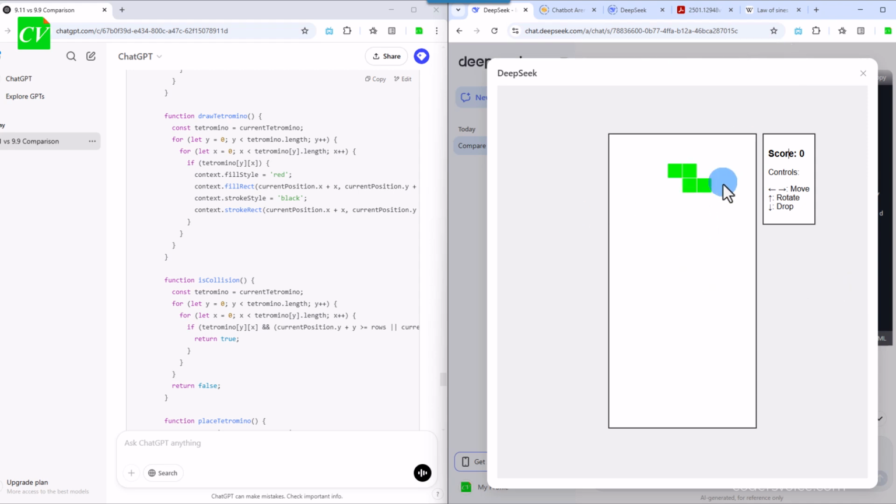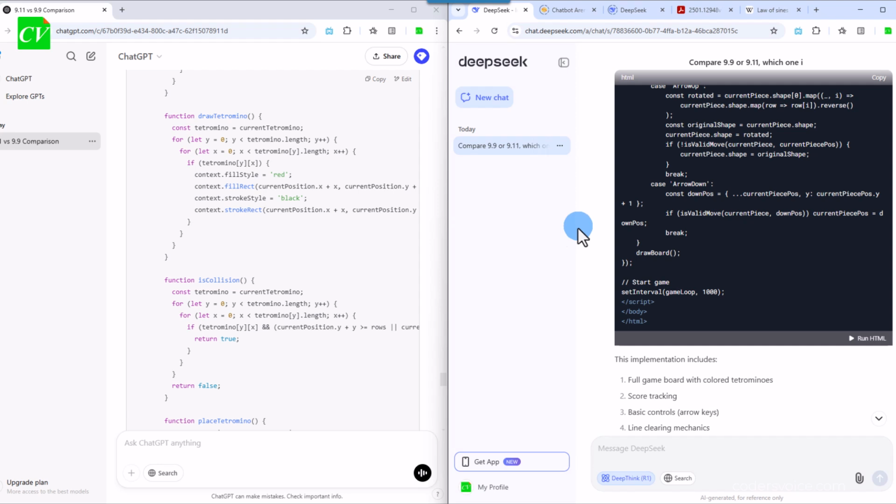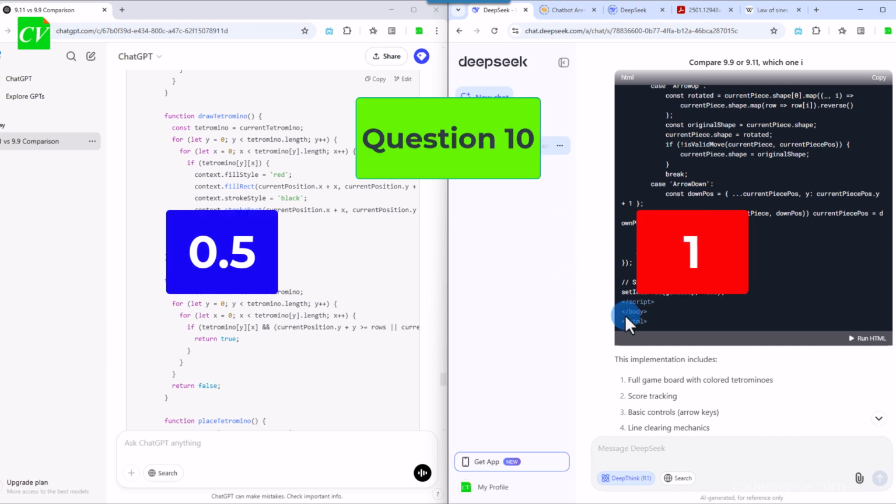You can see that the DeepSeek result is a little bit different from the ChatGPT result. First, it used different colors for the blocks. Similarly, they both use the up, down, left, and right arrows to control the movement. But the DeepSeek code doesn't have any problem. So for this coding problem, I will give DeepSeek 1 point and I'll give a half point to ChatGPT.